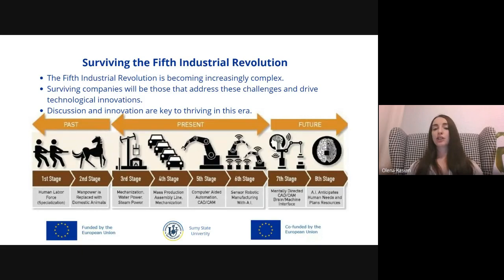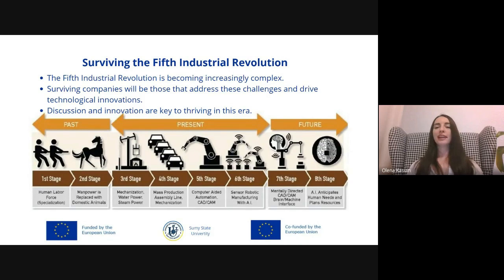In the 6th stage, the manufacturers, the businesses, are already using sensor robots, and this is very competitive for small and medium-sized businesses. On the 7th stage, mentally detected brain machines. Those are machines that not only use artificial intelligence but could also work with real brain cells implemented into the computer.